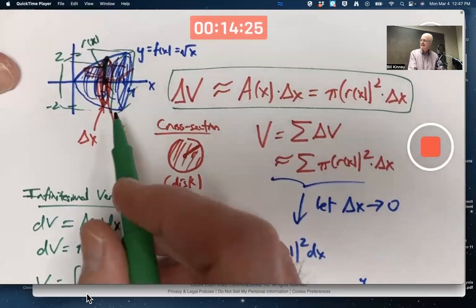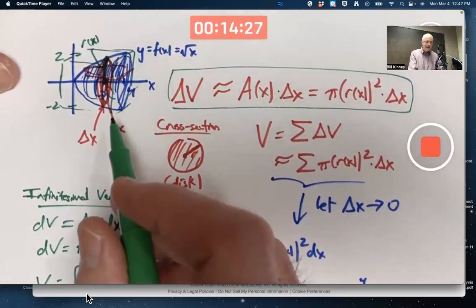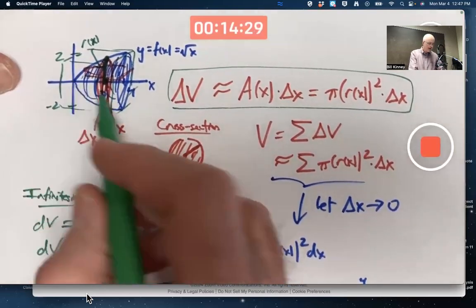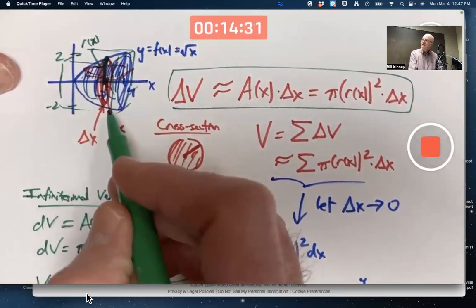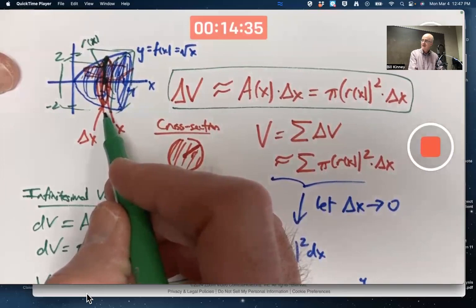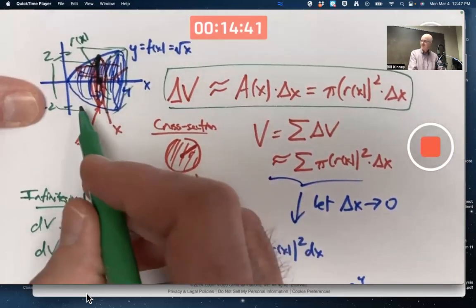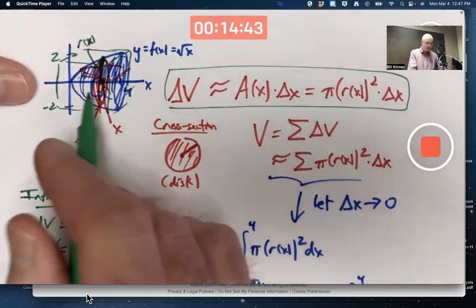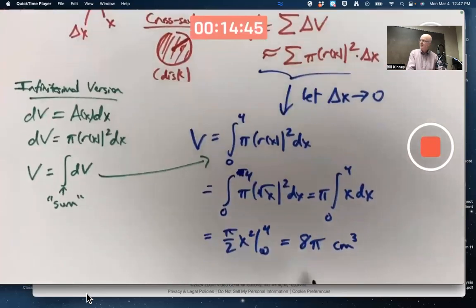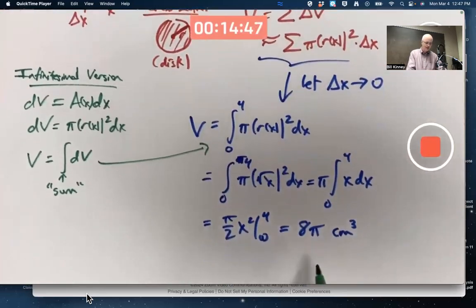Our volume is certainly less than 64. If this were a true cone, if these sides were straight, the volume would be 64 divided by 3, 21 1/3, I think. It's a little bit thicker than a plain old cone, and so you should expect a volume a bit bigger than 21 1/3. Yeah, that's close to 25. Seems reasonable.